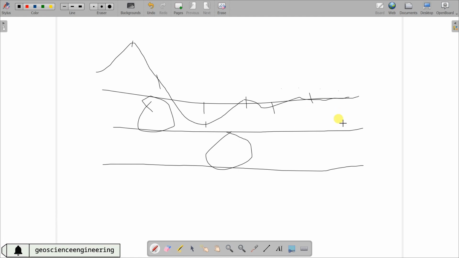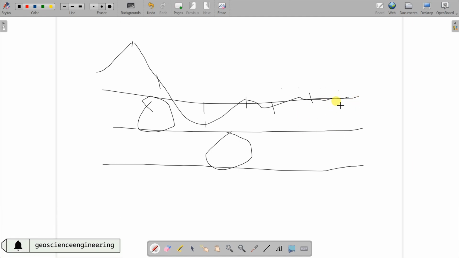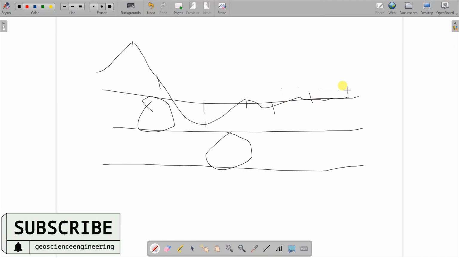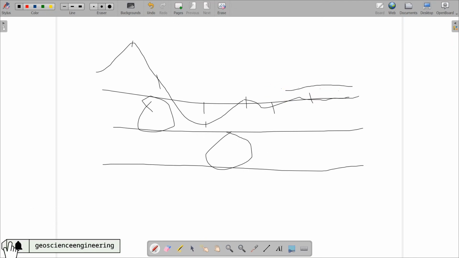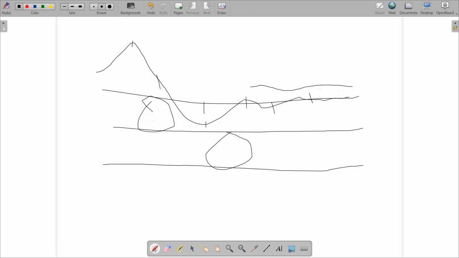See here, the layer is completely normal and there are no external bodies. So everything you get is a regular pattern of graph like this, the gravity values. But when it comes to here, the mass of this object is different from the mass of this layer. So this will definitely give you a different value of gravity than this.